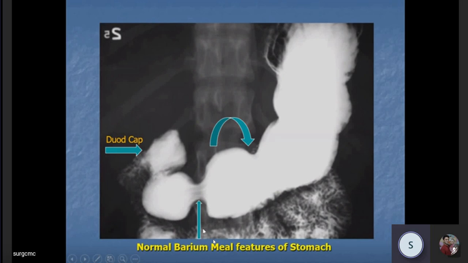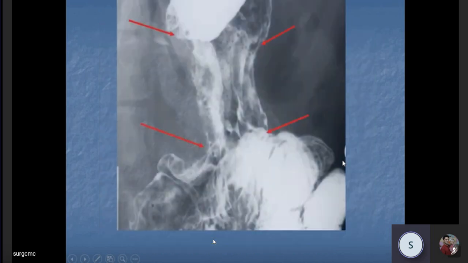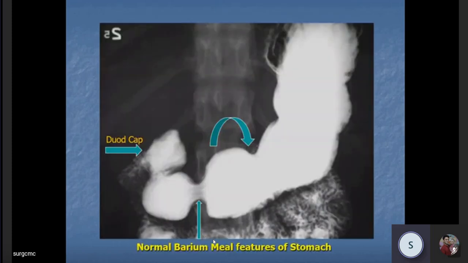Now in these plates you see there are some irregularities here. What is this? Can you tell me? Is there a filling defect? In the esophagus it was a filling defect. Is it so? Waves of peristalsis.